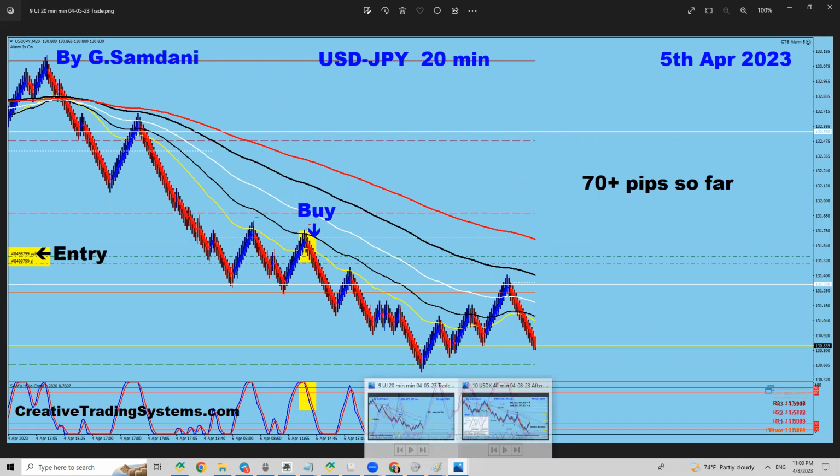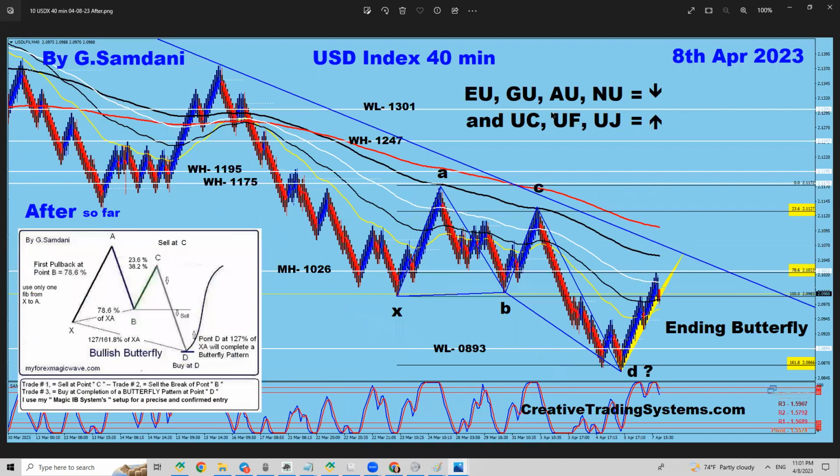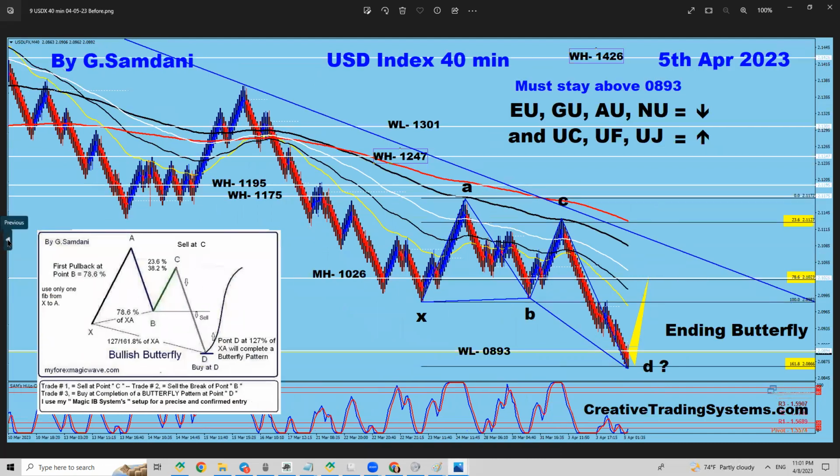So now, NFP week, what happened to USD? Let me just show you a 40-minute chart. I made this chart on the 5th and posted it on my website and Forex Factory, saying all of that would happen. This was 2 days before, 1 day before actually.